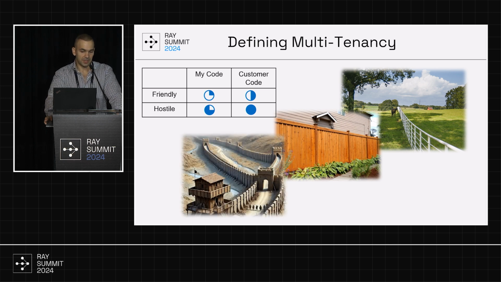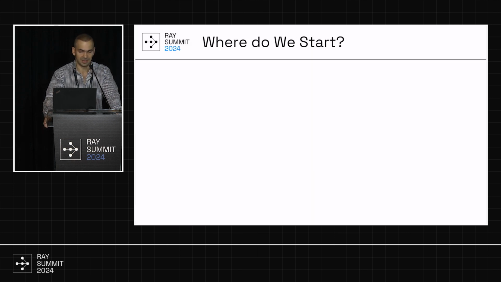Once you get to hostile multi-tenancy, you need to set up real barriers and make sure there is no breach to your walls. Today, we're going to discuss all three levels because it's incremental, working gradually towards hostile multi-tenancy. So when thinking about security, where is a good place to start?